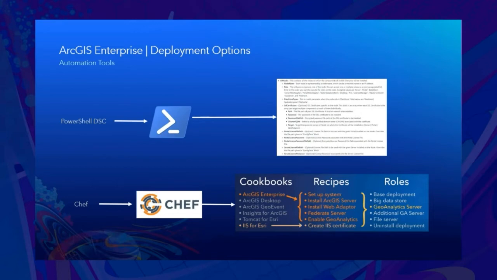If you're on premises or in the cloud, and you really need to tailor your deployment, the PowerShell DSC as well as Chef cookbooks that we provide will give you the full capability and full control of how you deploy in a very automated fashion. So this is really good for those folks who are in a DevOps role and need that level of flexibility in terms of their deployment patterns.